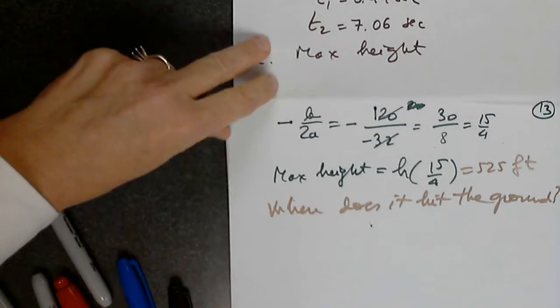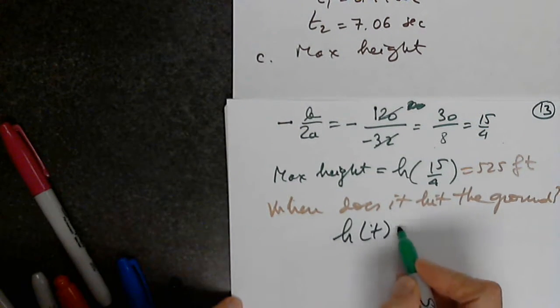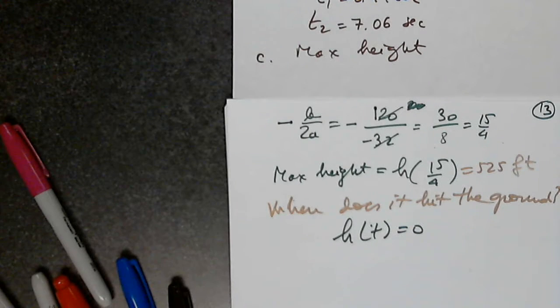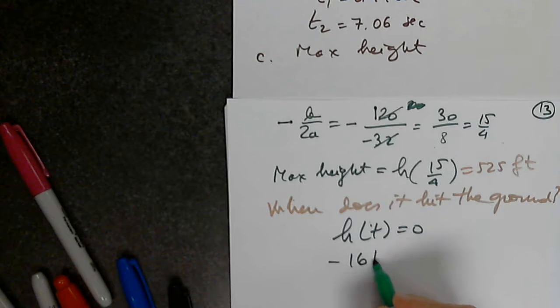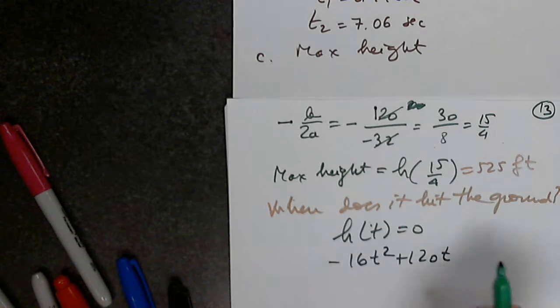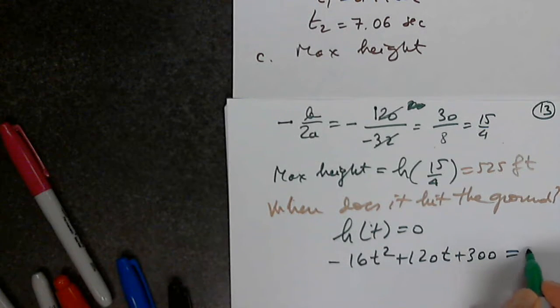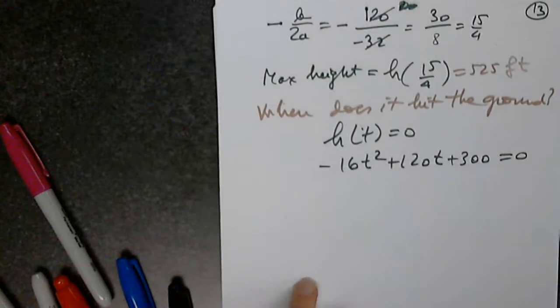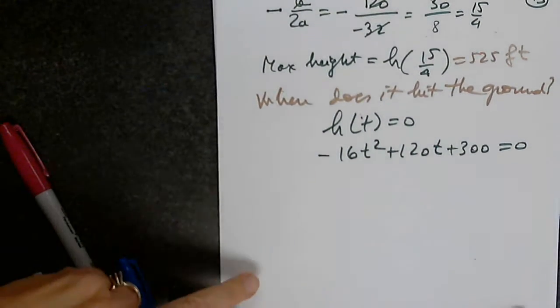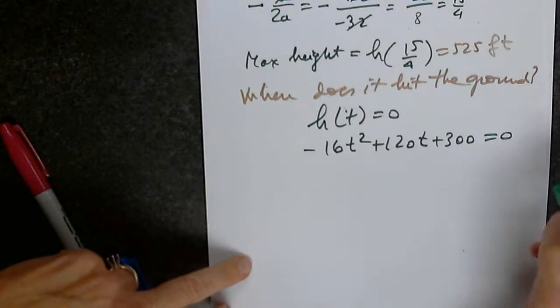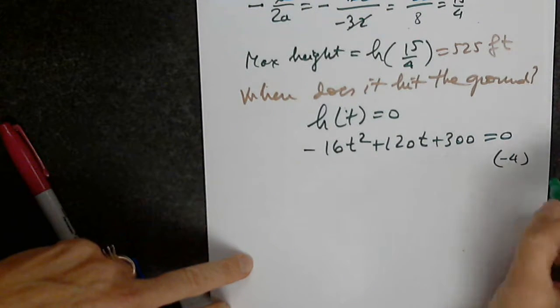When it hits the ground? Exactly. When anything hits the ground, the height must be 0. Very good. So negative 16t squared plus 120t plus 300 equals 0. I will definitely divide both sides by negative 4.